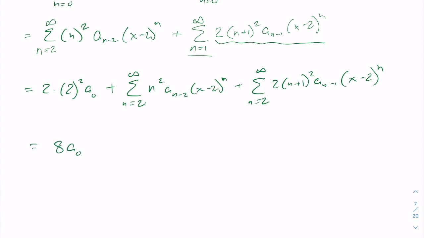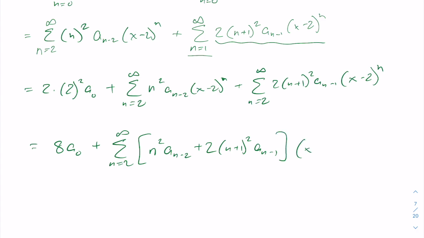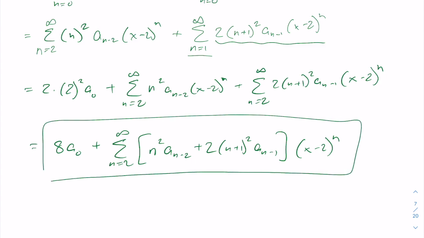I have 8 a sub 0 plus the sum from n equals 2 to infinity of n squared a sub n minus 2 plus (2n plus 1) squared a sub n minus 1, all of that times (x minus 2) to the n. And there we go. So this is what I mean about pulling off that one thing that doesn't fit. Sometimes you have to do that in order to put these things together.